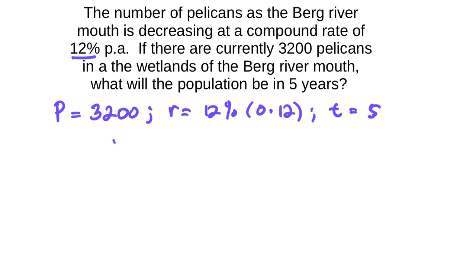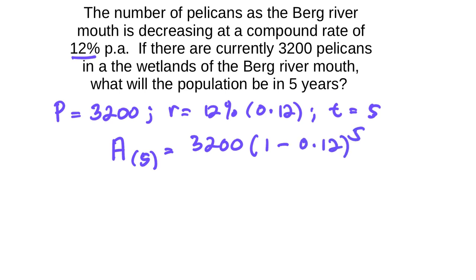So let's look at it. The population A in 5 years will be 3,200 multiplied by (1 minus 0.12) raised to 5. Use your calculators again.